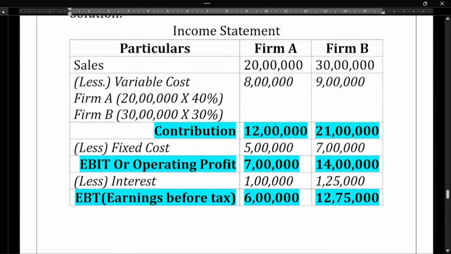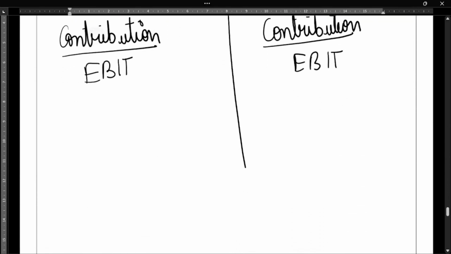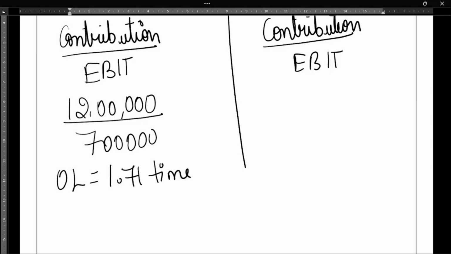Now first let us solve for firm A. Firm A contribution is 12 lakh, EBIT is 7 lakh. So 12 lakh divided by 7 lakh is 1.71 times.